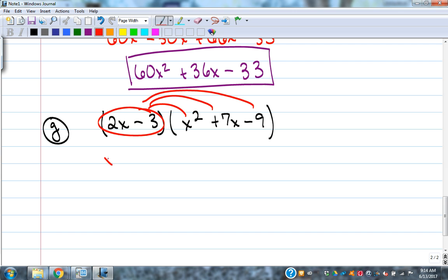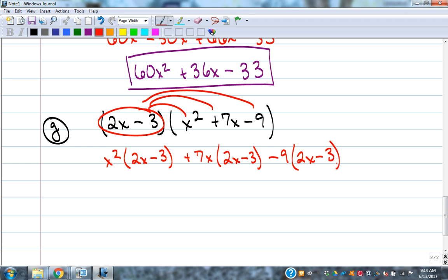So x squared, parentheses, 2x minus 3, plus 7x, parentheses, 2x minus 3, and then minus 9, parentheses, 2x minus 3. So it's the same thing, it's just a little bit longer. It doesn't get any more difficult, guys. It just gets a little longer.